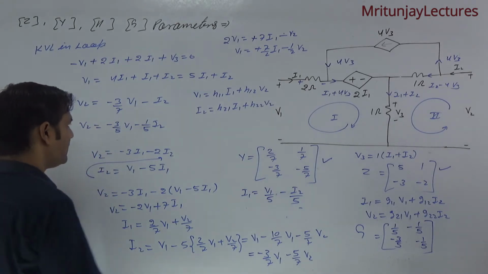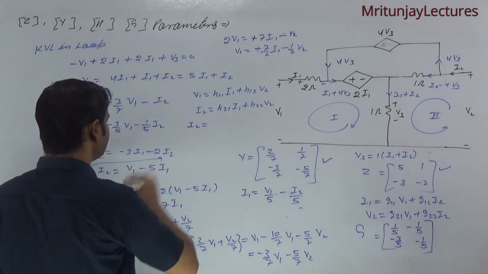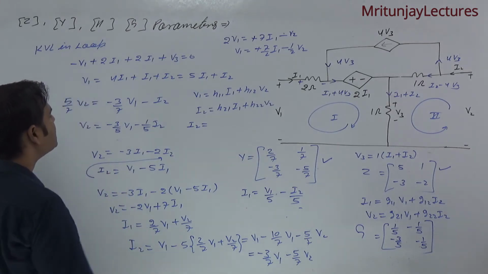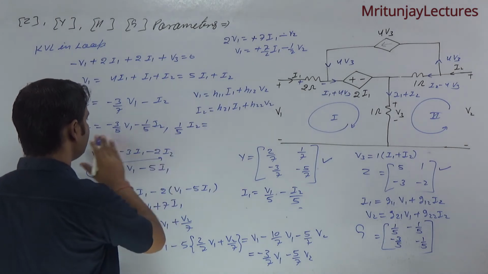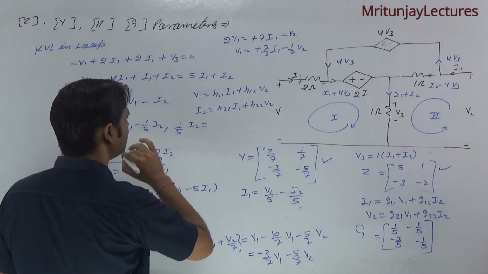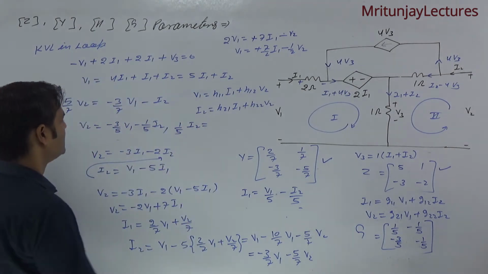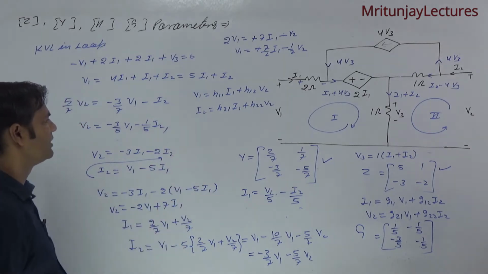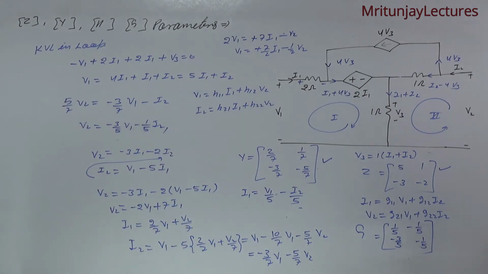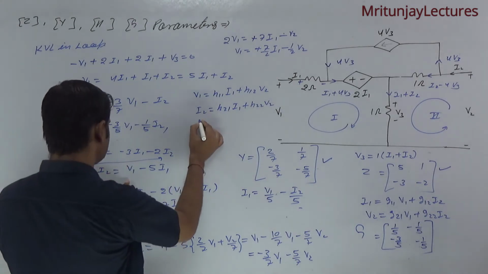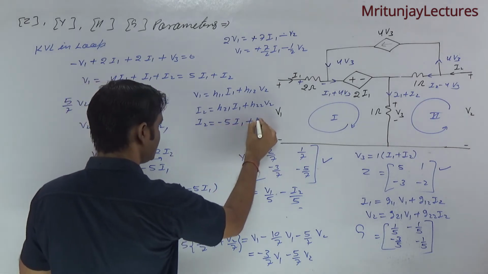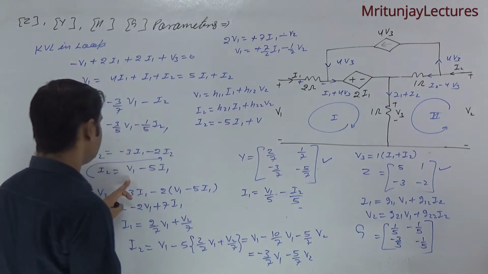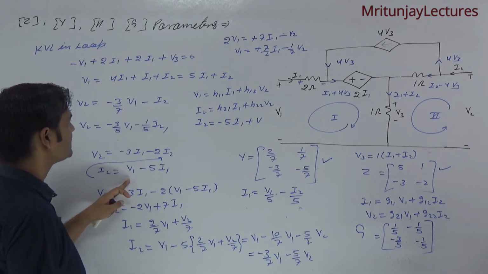Here I2, from here, is minus 5 I1 plus V1, but our motto is corresponding to V2.